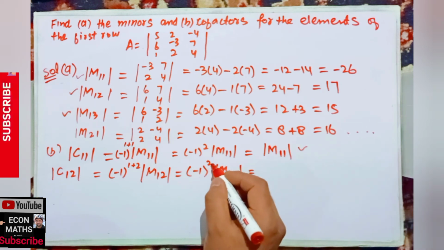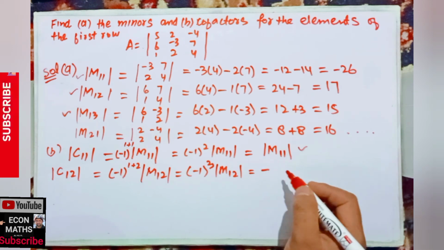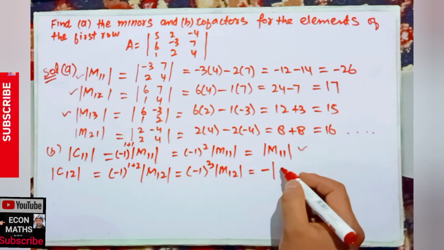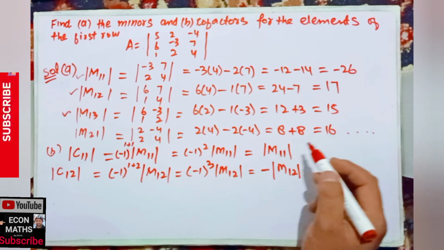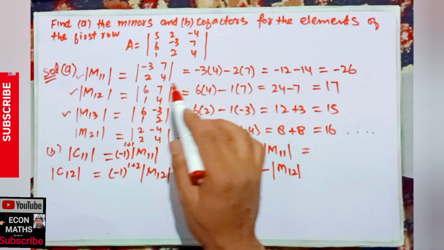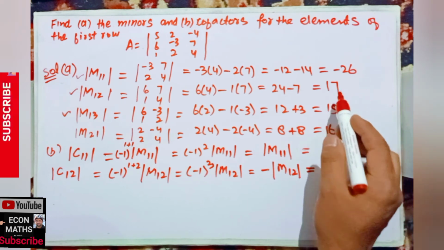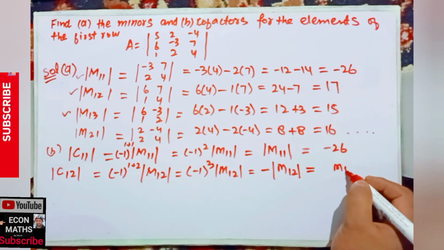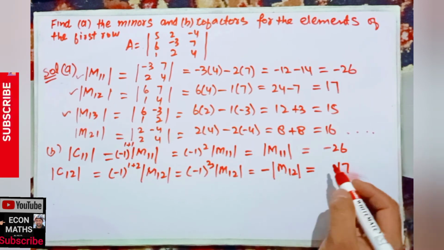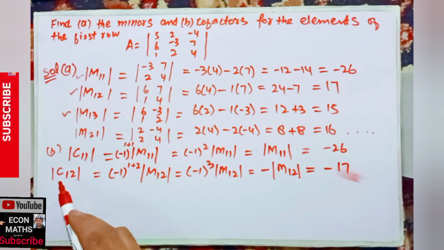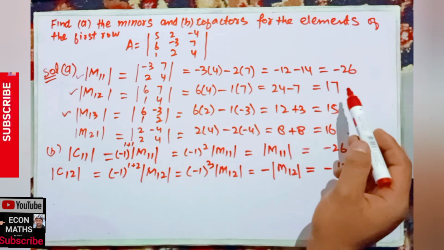Now -1 raised to an odd power is minus, so the sign is minus, multiplying it with M12. The cofactor C11 is the same as M11, which we have calculated, so there is no change in the sign. Here M12 is 17, and here the sign is minus. So the cofactor C12 is minus 17, and we can see the minor was plus 17 and the cofactor is minus 17.